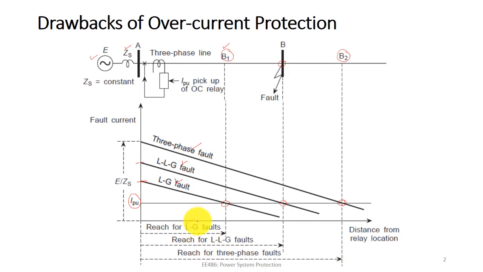Obviously for the LG fault the magnitude of the current is very small compared to the LLG and three-phase faults. Therefore we can say ILG is less than ILLG, which is less than I three-phase fault.